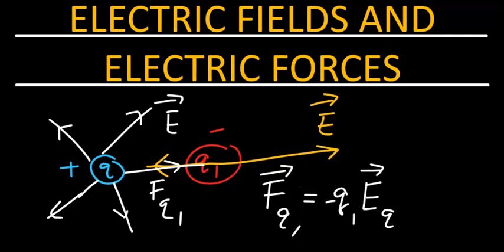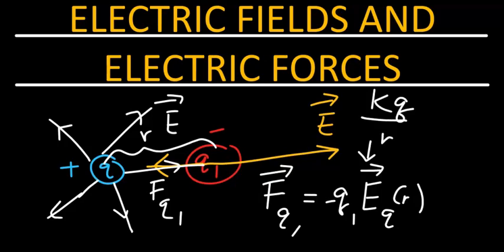At a particular moment, let's assume Q1 is at a distance r from charge Q. We have just elaborated on the expression for the electric field at a certain distance r. It is given by KQ over r squared r hat.